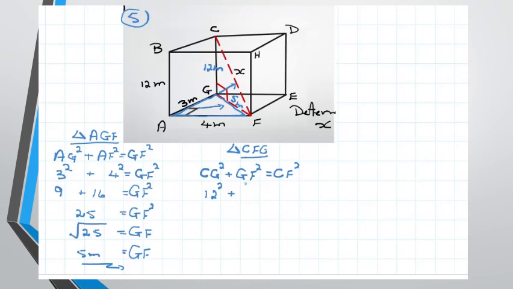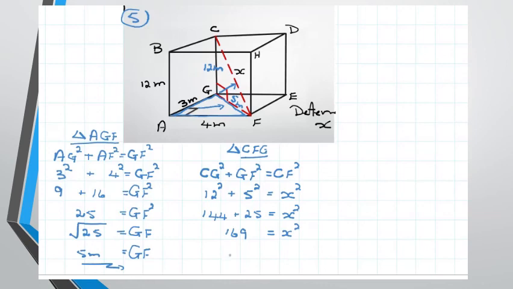GF previously determined to be 5 squared equals CF, in this case x squared. That's going to leave me with 144 plus 25 equals x squared. Then that's going to give me a total of 169 equals x squared.